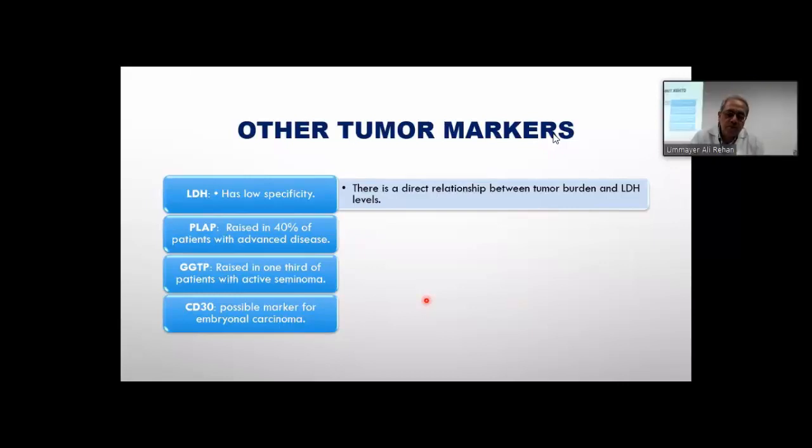For all practical purposes, three tumor markers are sufficient, and these are alpha fetoprotein, beta HCG, and LDH. And simply the presence or absence of alpha fetoprotein will give you a distinction between one type of testicular tumor and the other.